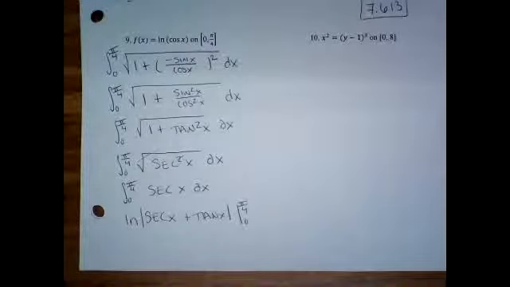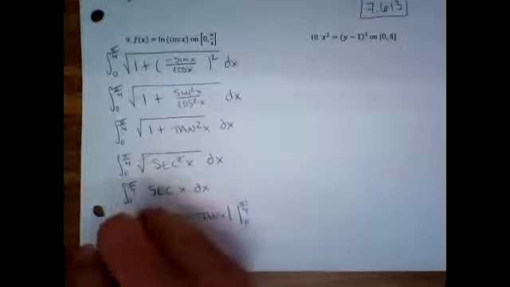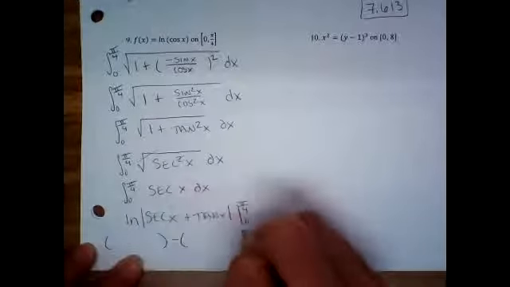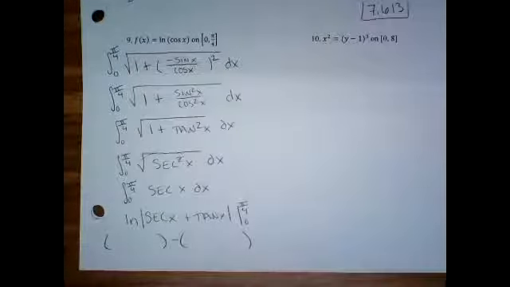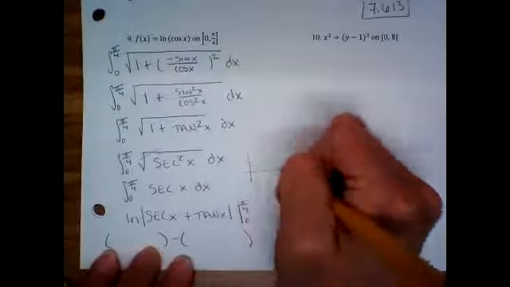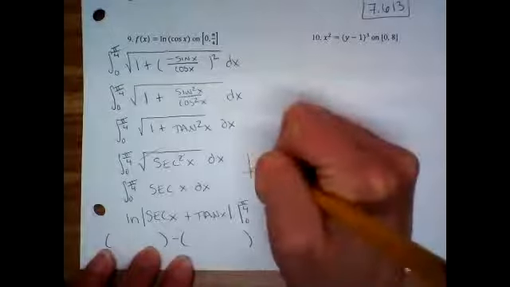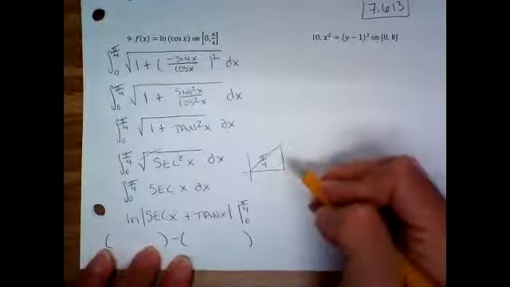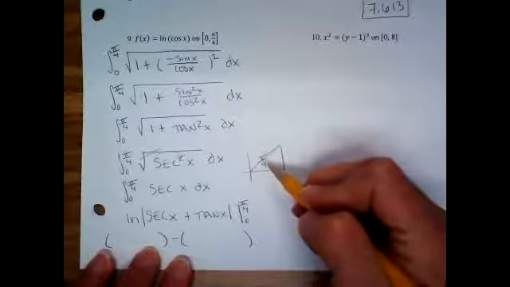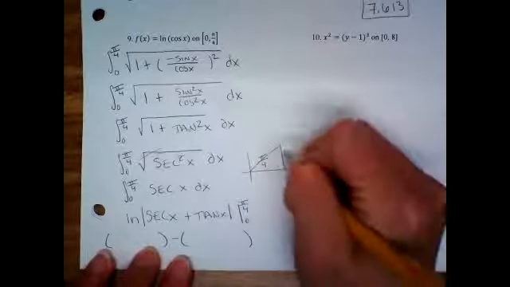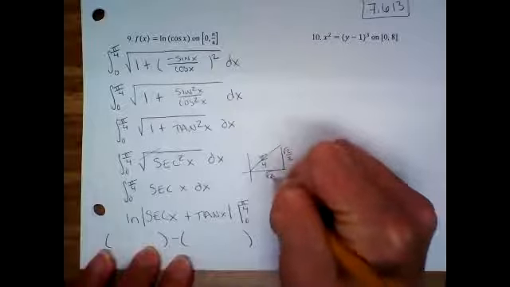But anyway, and now we're going to do upper boundary minus lower boundary. And here's where the unit circle comes in. There's so much review in this one problem, it's great. Pi over 4, if you don't want to draw it, fine, okay, but you do need to know how to get through the problem. What are the sides of the triangle for pi over 4? Perfect, square root of 2 over 2.